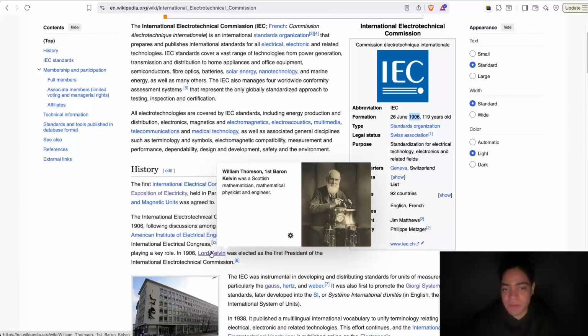Lord Kelvin was a Scottish mathematician, physicist and engineer, and one way to measure temperature is based on his name.